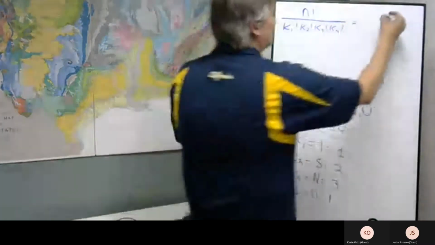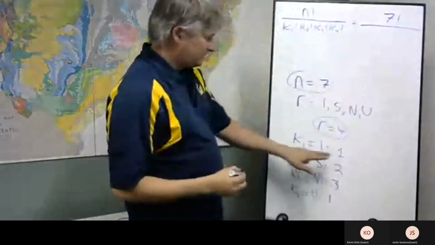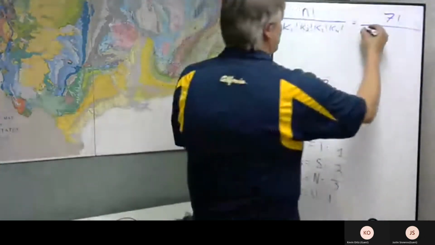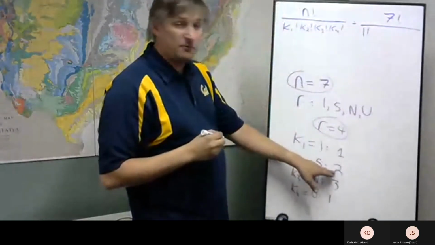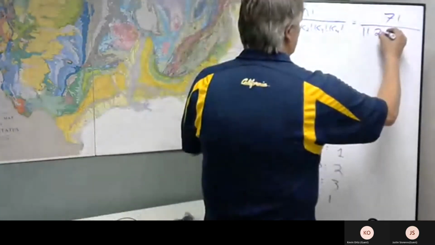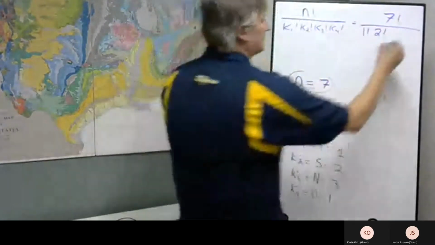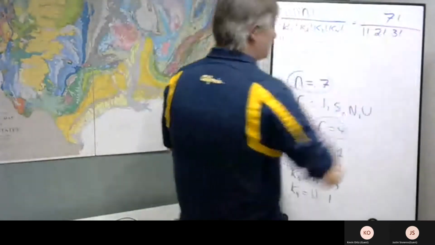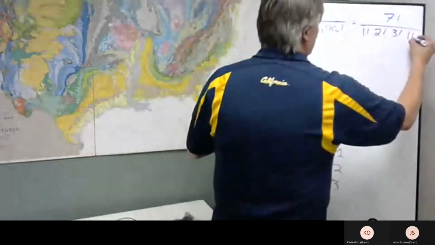So N is 7. Now, K1, there's only 1, so that's 1 factorial. K2, there's 2 5s, so that's 2 factorial. K3, there's 3 Ns, 3 factorial. K4, there's 1 U, 1 factorial.